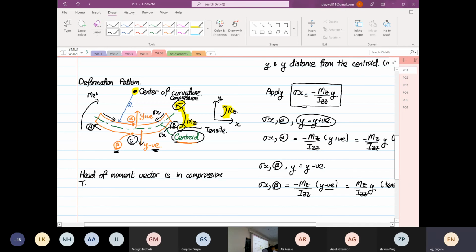The tail of moment vector is in tension. Okay. So I'll give you another example.